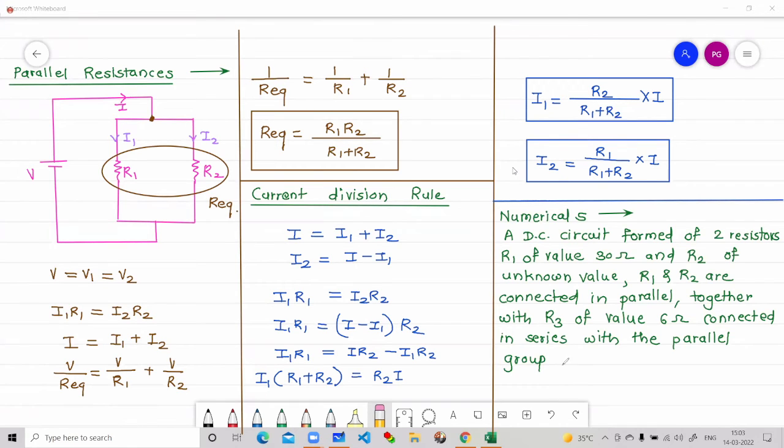Okay, the potential difference across R3 is 84 volt. Okay.